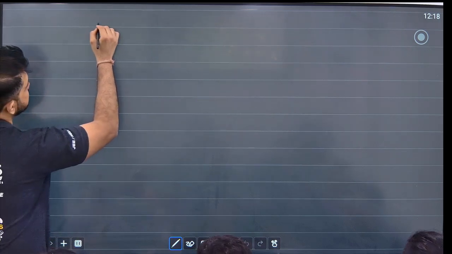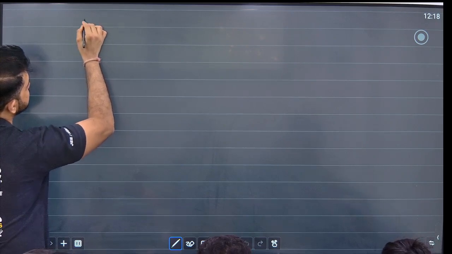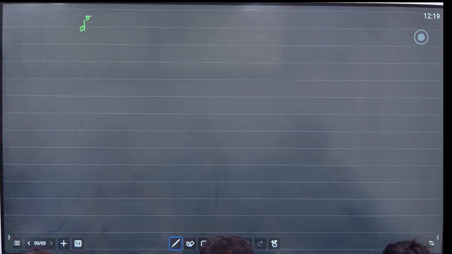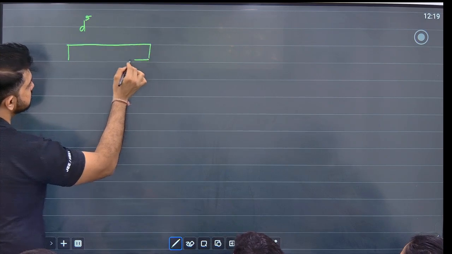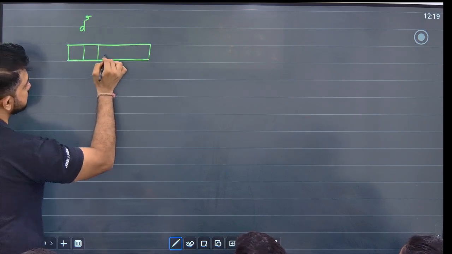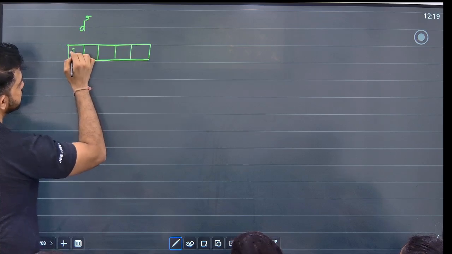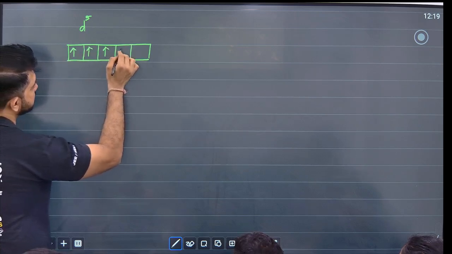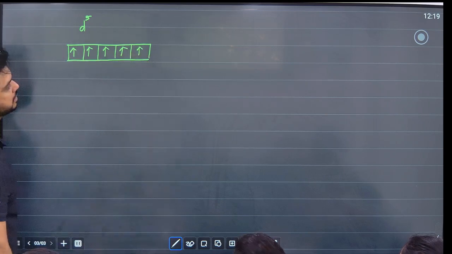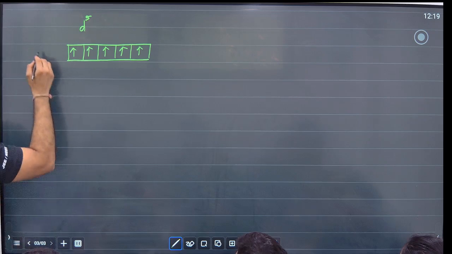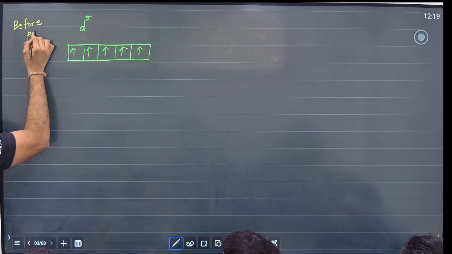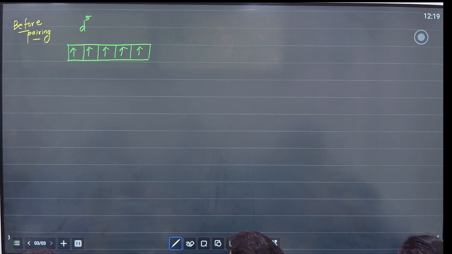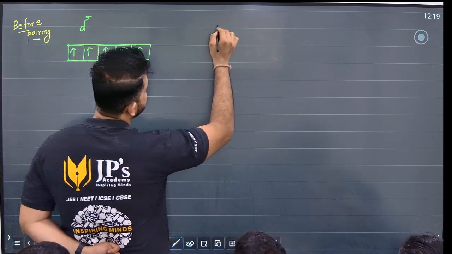So let's say I have the configuration d5. This is the configuration for d5 before pairing. How will d5 look after pairing?